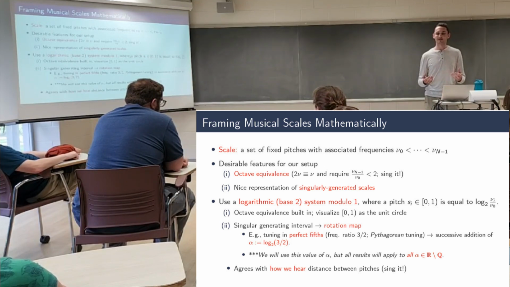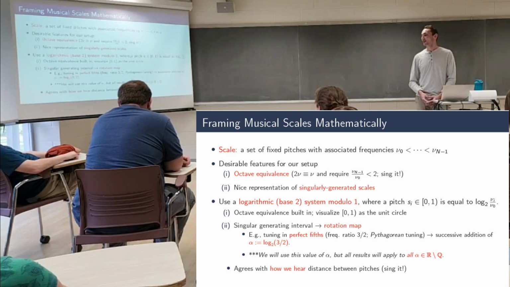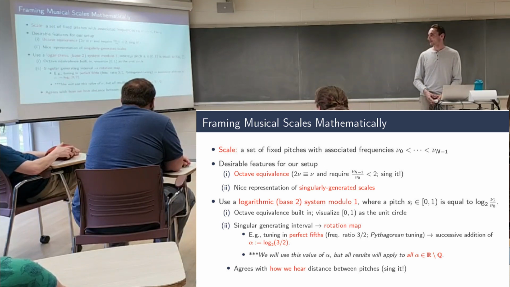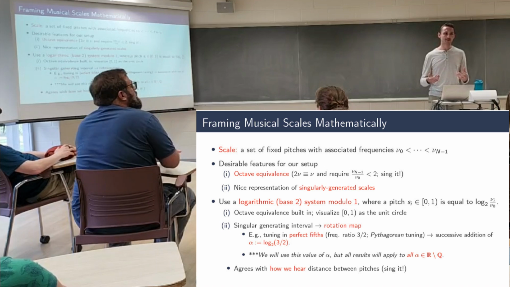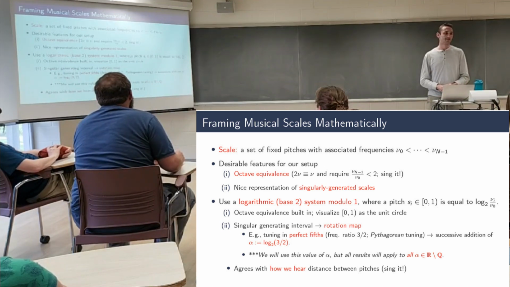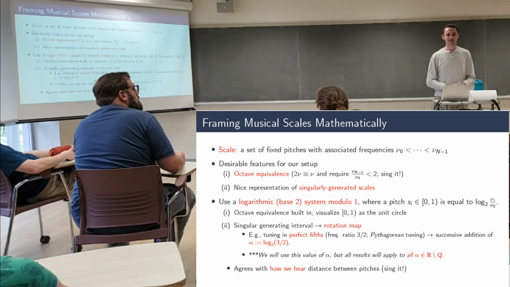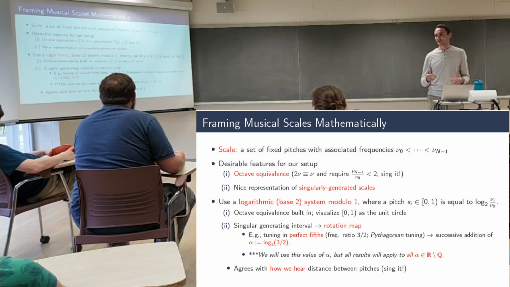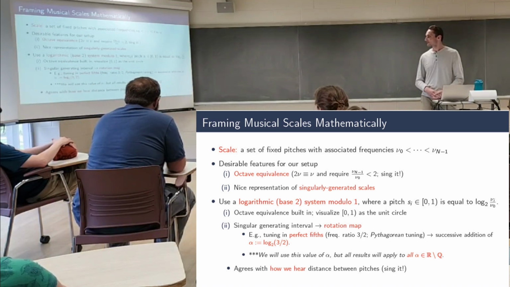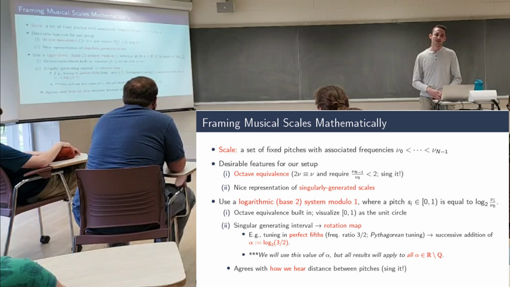So if we want to define what a scale is, while the conception of a scale and the exact structures it includes varies from culture to culture, what's pretty common is a set of fixed pitches, each with an associated frequency, which you can think of as the fundamental frequency of that pitch. And for our setup, there are 2 desirable features. The first one is octave equivalence.